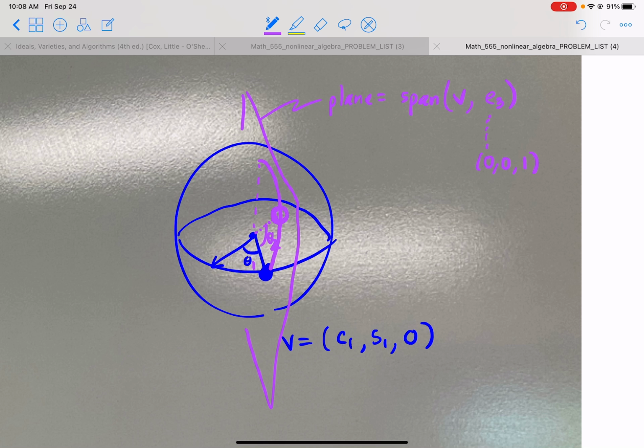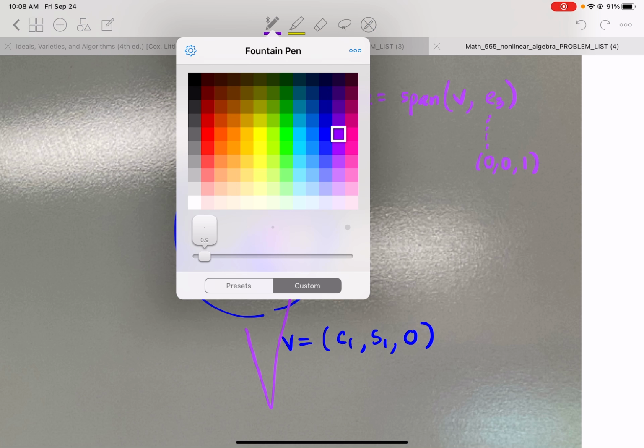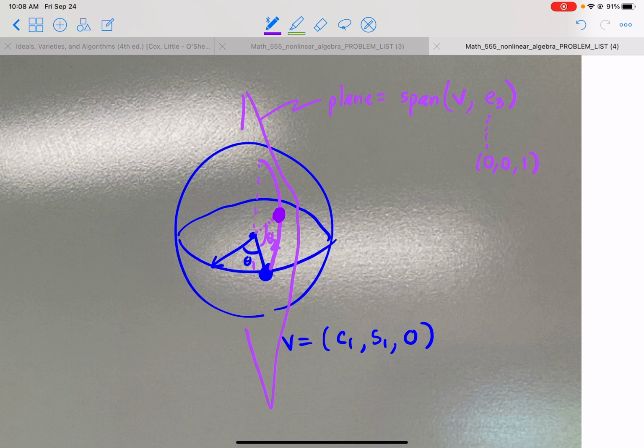And now I'm getting this point, which is now an arbitrary point on the sphere. First I rotate around the unit circle, and then I rotate up or down. And so this point here will be cos of theta 2 times v, the entire three-dimensional vector v, plus the sine of theta 2 times E3.